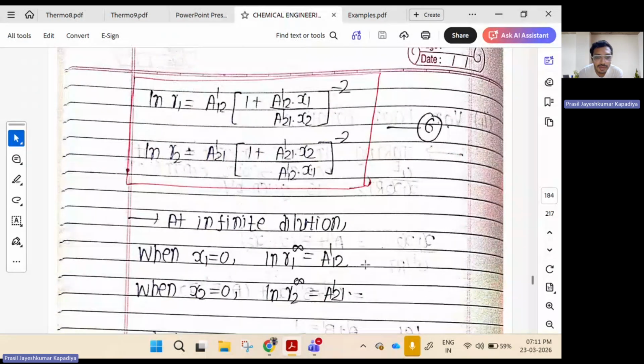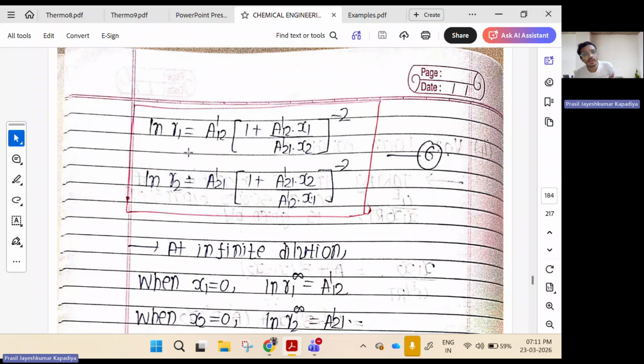So the final equation, you find in terms like this: ln gamma 1 is equal to A12 prime times (1 plus A12 prime x1 by A21 prime x2) raised to minus 2. Ln gamma 2 will be equal to A21 prime times (1 plus A21 prime x2 divided by A12 prime x1) raised to minus 2.